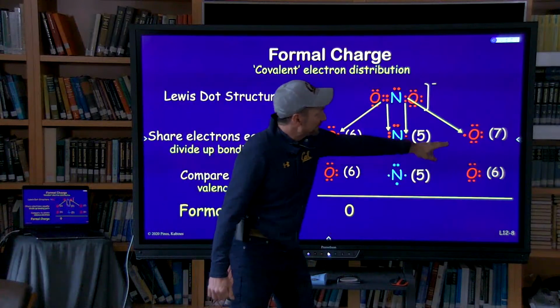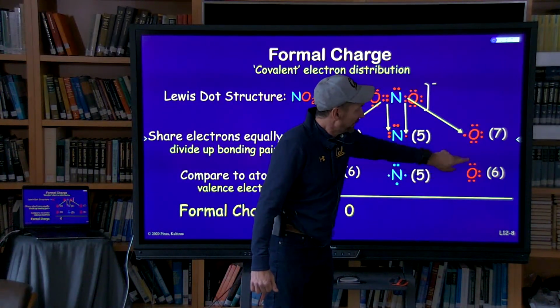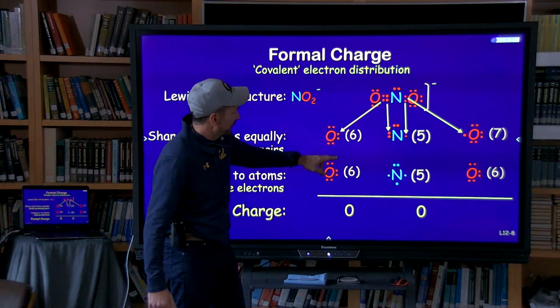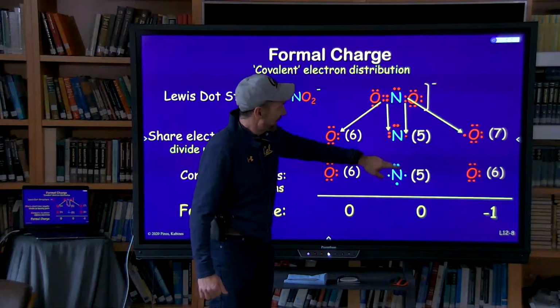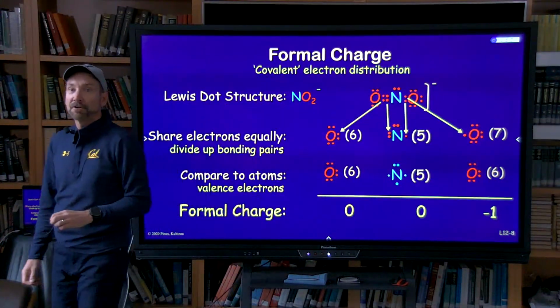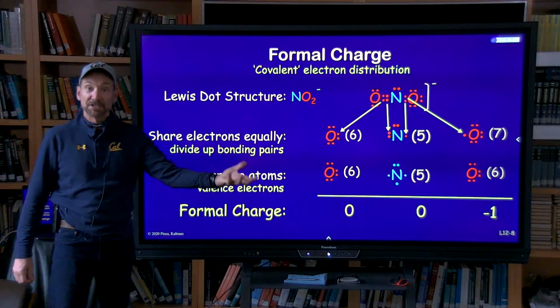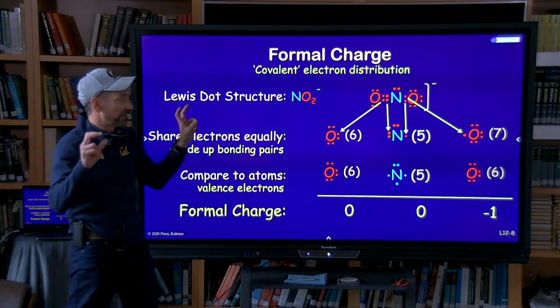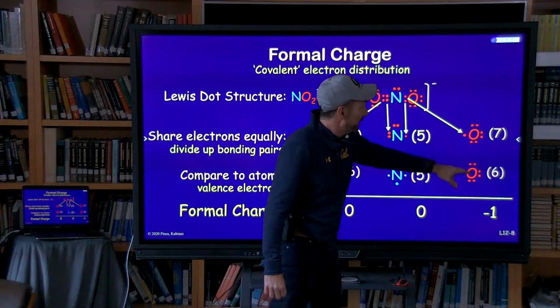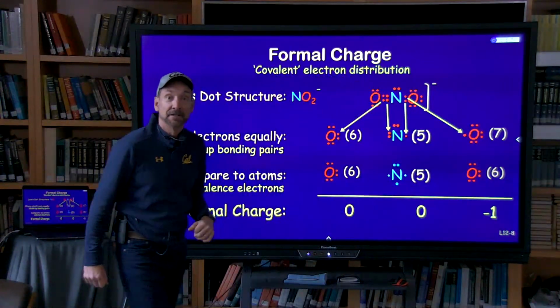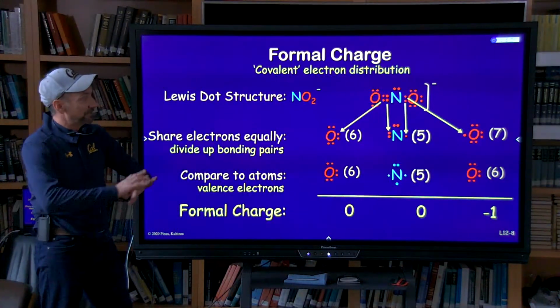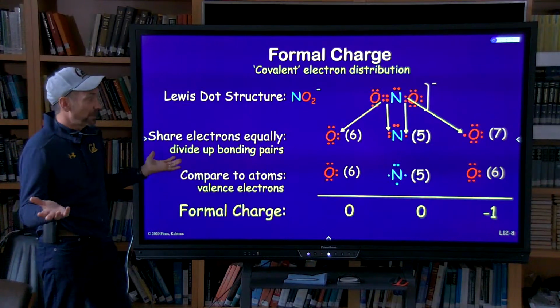It has an extra electron, so it has a formal negative charge. These two atoms have the same number of electrons that they would if they just had their valence shell. So their valence shells aren't altered in this division of electrons. So it's just a formalism.